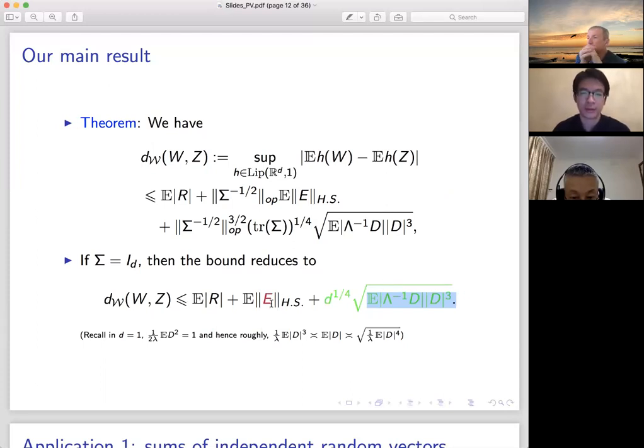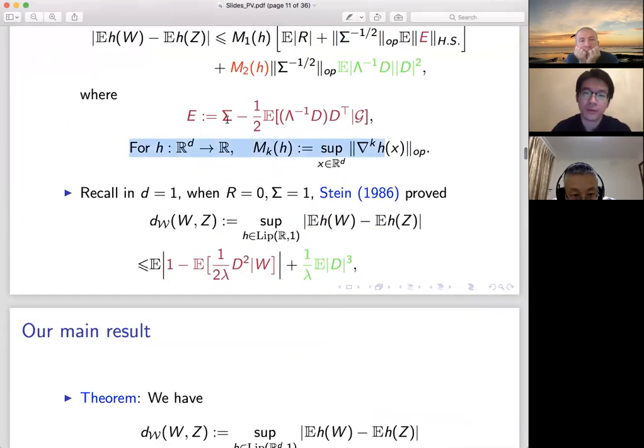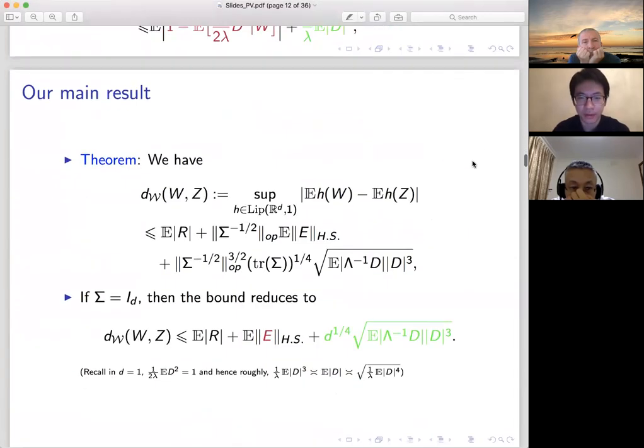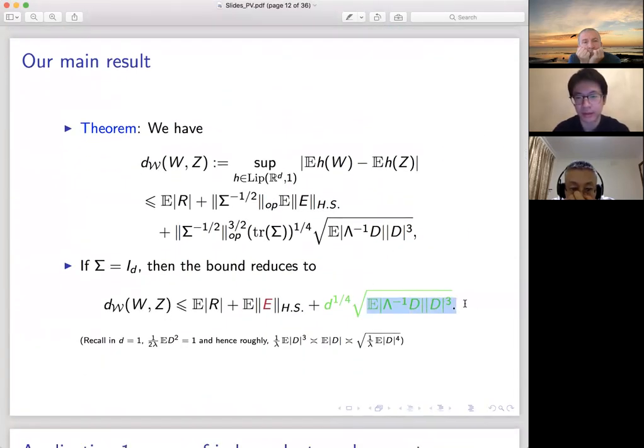I have mentioned that when bounding the expectation of the absolute value of E, or the Hilbert-Schmidt norm of E, we usually use Cauchy-Schwarz and bound the square root of the variance of this term. Therefore, it seems not a problem to assume the finite fourth moment condition, because we had to use that to deal with the E anyway. Now you may be worried that this new term may not be of optimal order.